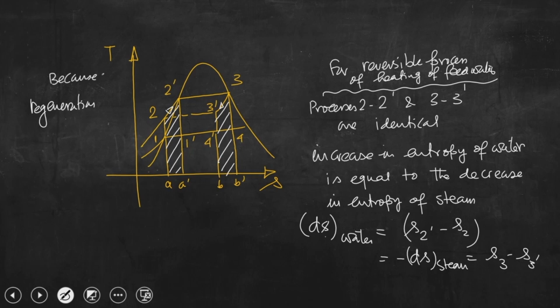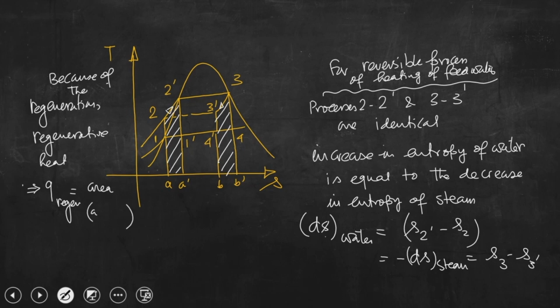Because of the regeneration, regenerative heat, Q regen, is nothing but the area of 1, 2, 2 prime, 1 prime, A prime, A. So, this is the regenerative heat, right.